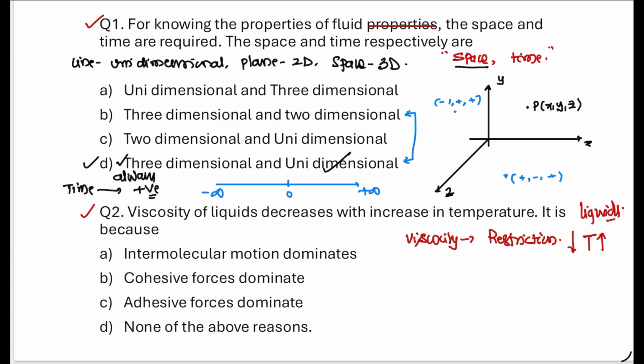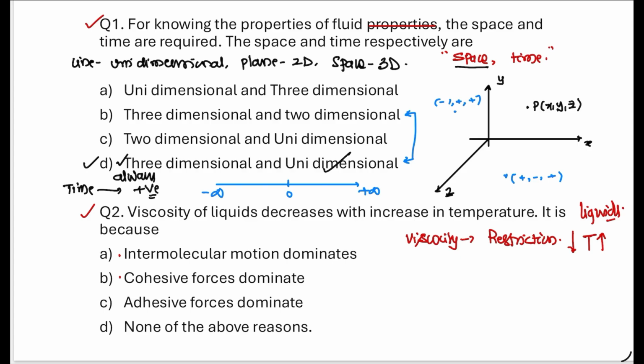If intermolecular motion is increased, what happens? There will be disturbance in the flow of the liquid. And in addition to intermolecular motion, there is cohesion. Cohesion is nothing but sticking of the molecules together.